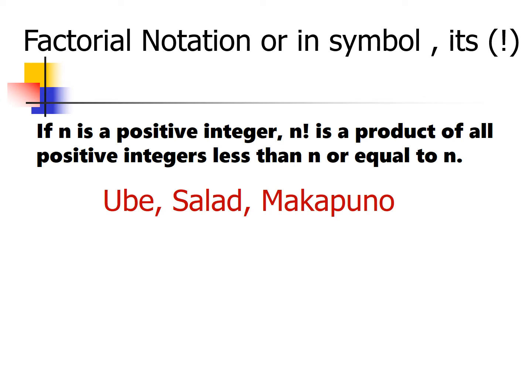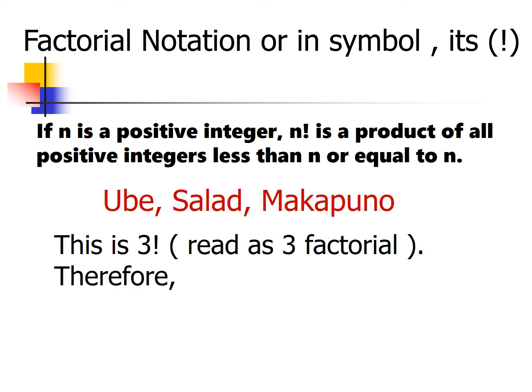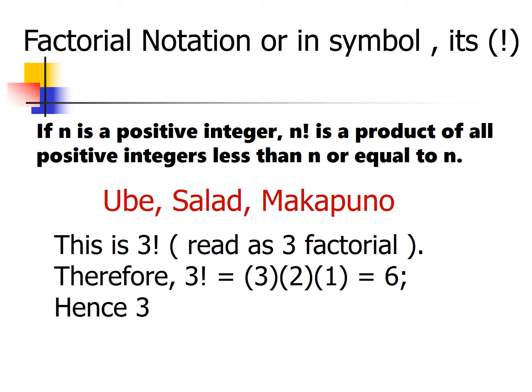So, n is equal to 3. This becomes 3 factorial. Therefore, 3 factorial is equal to 3 times 2 times 1, which is equal to 6.